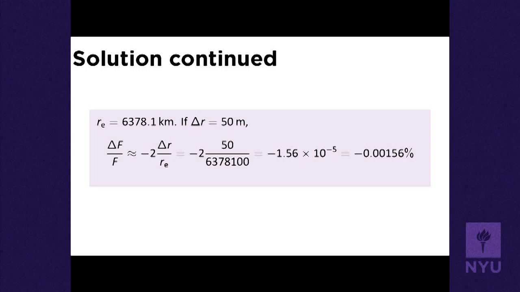And we decided that the building is 50 meters high. So if we divide those two things in the right units, what we get is that the relative error is 1.5 times 10 to the minus 5th. That is 1.5 times 10 to the minus third percent, 0.00156% off. So not a big deal in substituting the constant gravitational law for the inverse square gravitational law.